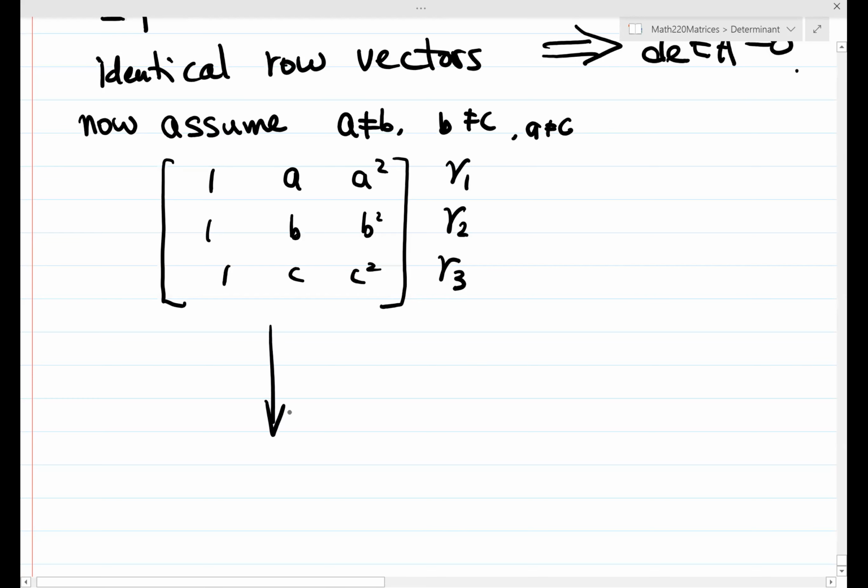Let's first cancel the first entry, the 1, in row 2 and row 3. So the obvious operation is to add -1 times R1 to row 2, that is, -R1 plus R2, and replace R2.